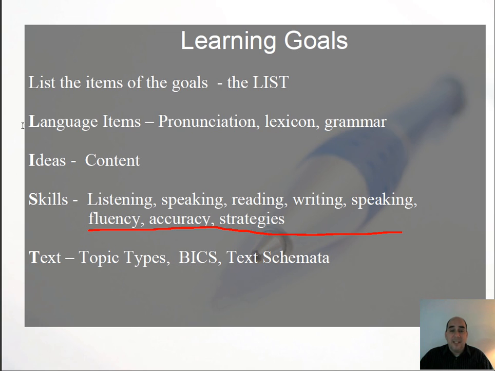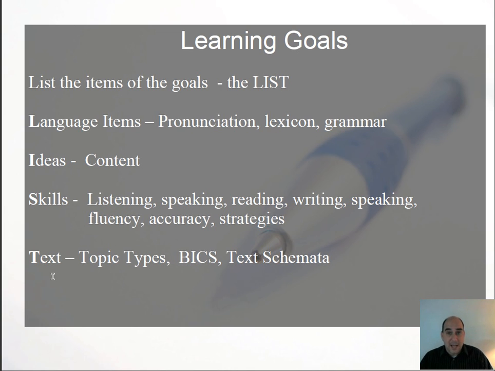Now, I often say that I call these the skills, and I call these the databases. Your lexicon is a database, and your grammar rules are a database. And both sets we need in order to accurately function in language. Okay? So anyway, language items, ideas, skills, and then text.